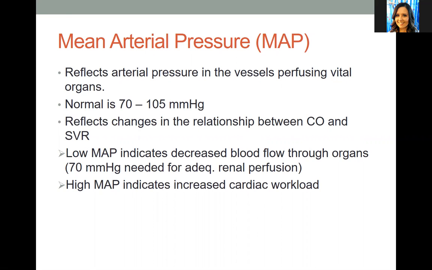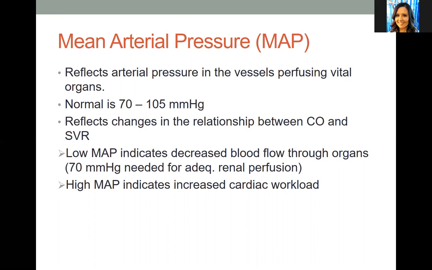A low MAP, so less than 70, indicates decreased blood flow to the organs. So we need at least 70 for adequate renal perfusion. So that's why when we talked about urine output being a measurement for hemodynamics, that is why.